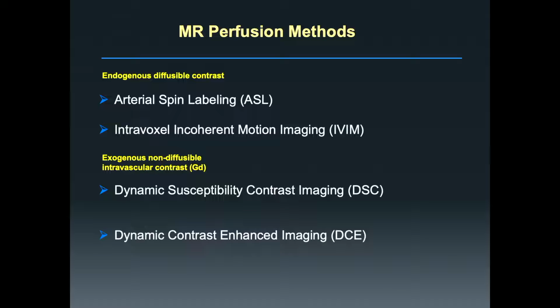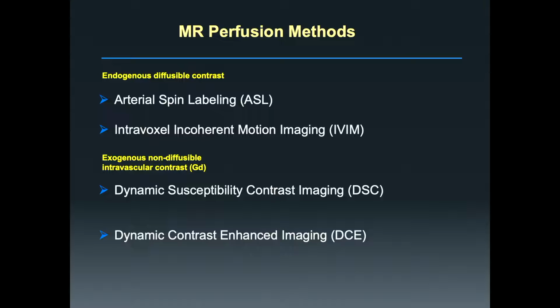So perfusion imaging, as you are probably familiar with, you can do two ways, one without contrast, one with use of gadolinium contrast. If you choose to use non-contrast techniques, you can use ASL, arterial spin labeling, or IVIM, intravoxel incoherent motion imaging, which uses the diffusion of water molecules as basically a diffusible contrast mechanism to identify perfusion.